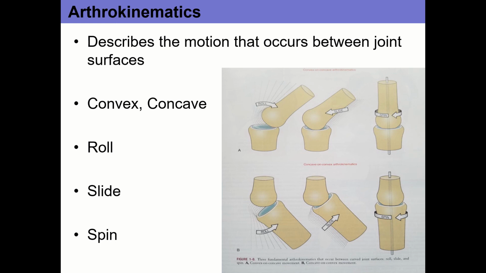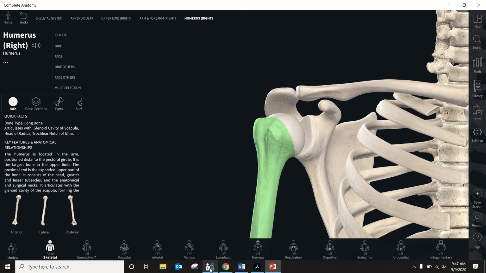Effectively, and sorry to keep switching programs on you, as he lifts his arm out to the side, as he abducts the arm, the humerus is going to roll like this on the glenoid. But as it rolls, it's also going to slide inferior. It's going to slide down a little bit.